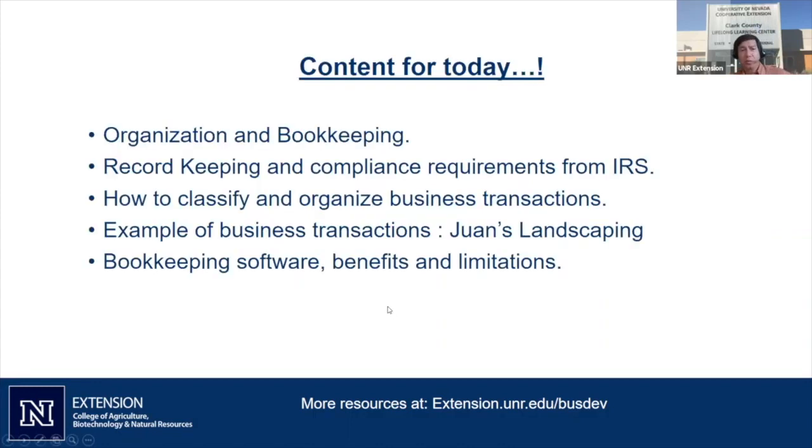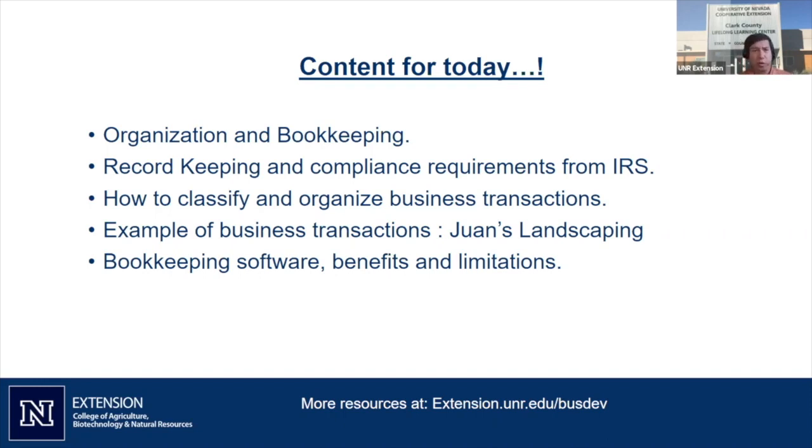So the content for today, we're gonna talk about organization and bookkeeping. We're gonna talk about general compliance, about record keeping, and things that the IRS has mentioned. How to classify and organize business transactions. This is the main dish of the presentation.